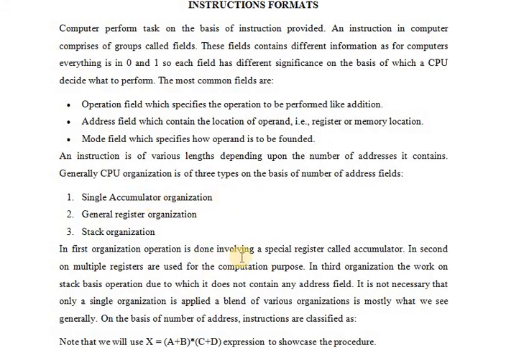In the second, multiple registers are used for computation purposes. So in general register organization, multiple registers are involved in computation, but here a special register is involved. You should keep in mind: single accumulator means a special register, general register organization means multiple registers.